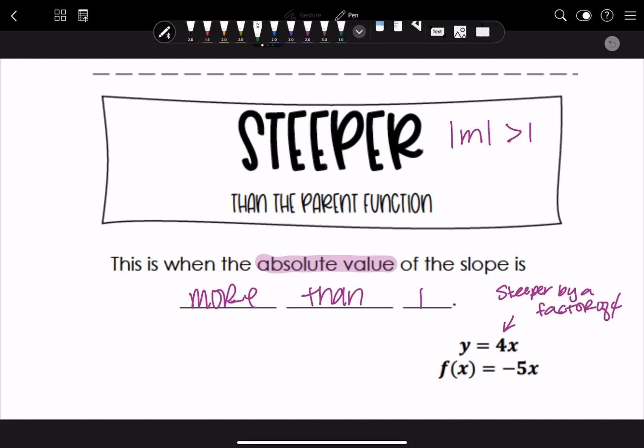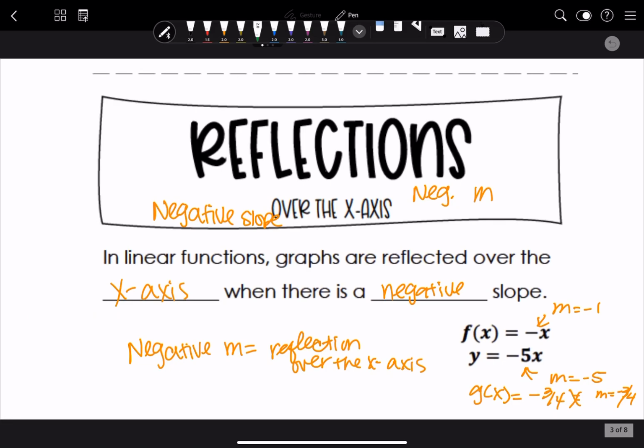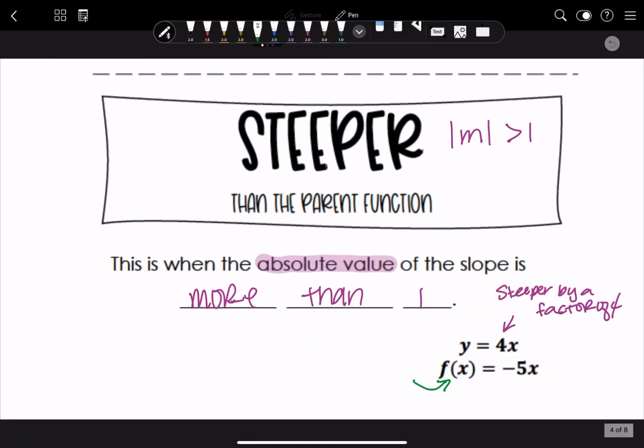Your other one over here, f of x equals negative 5x. Well, guess what? There are two transformations happening. You've got the reflection over the x-axis, but you've also got a steepness to it. This negative only determines if it's a reflection over the x-axis or not.